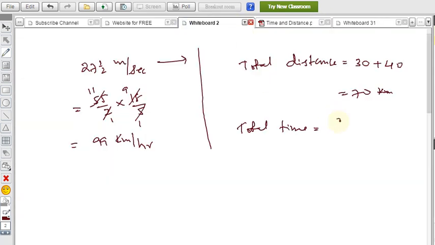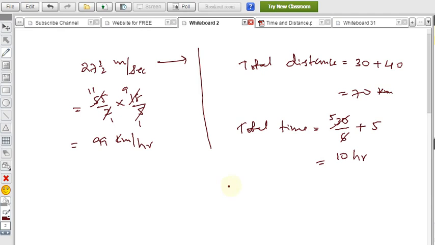So total time is 30 by 6 for the first part, plus 5 hours for the second. So 10 hours is the total time.